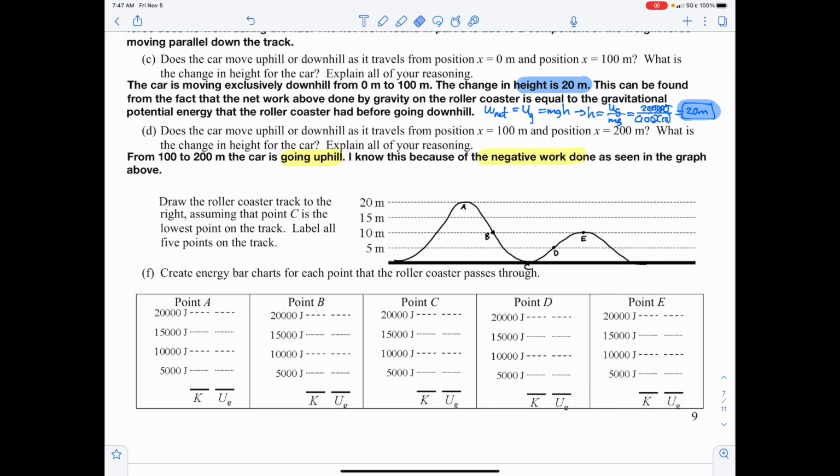Okay, now let me redraw this right here so that it makes more sense. What we have here is a roller coaster car that is starting at the highest point of 20 meters. That's the height, due to the maximum gravitational potential energy.